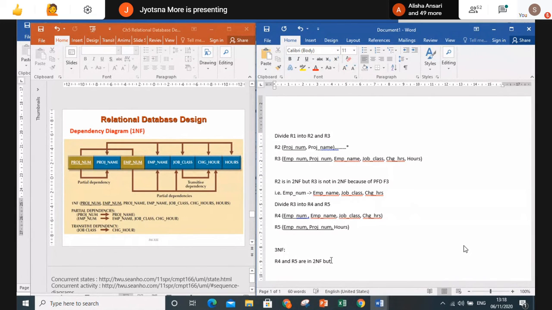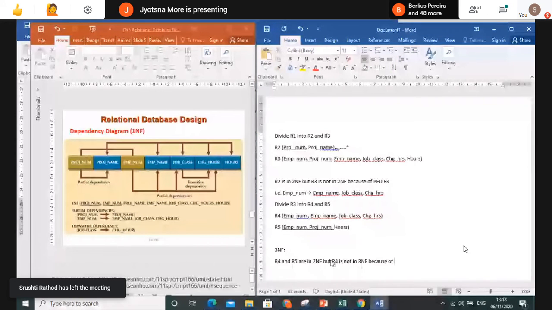R4 is not in 3NF because of which functional dependency? Can anyone tell me? For 3NF? Yes, transitive functional dependency. Which is the transitive functional dependency in our case?